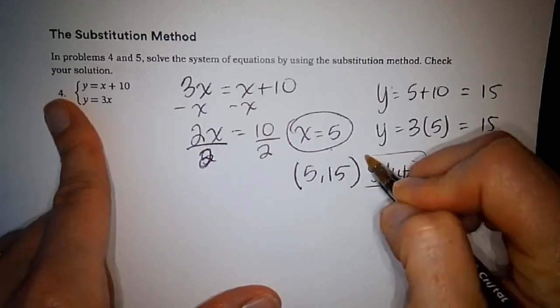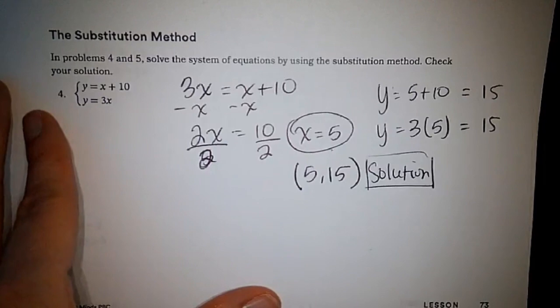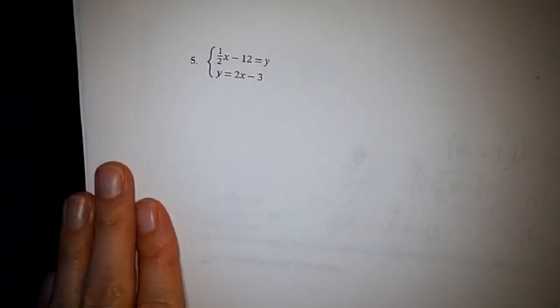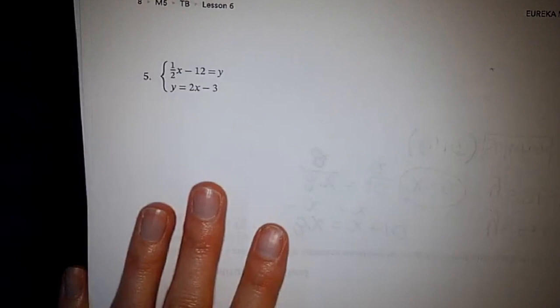Any questions on how I got those? Okay, let's look at the next one. Same situation here. I heard some people saying I need to put it in slope-intercept form. I need to rearrange it. I need to do all of these things. But the whole purpose of this is that we're plugging in what we know for what we don't know. All we're going to do is where there is a y, we are going to substitute.